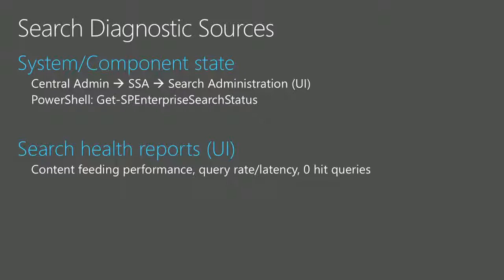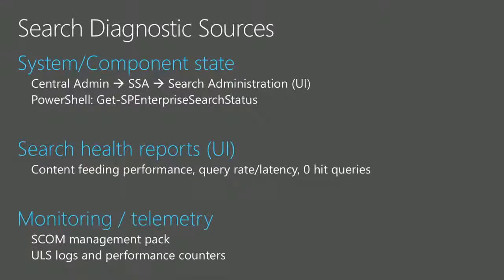You've got your feeding performance, query rate, latency, and zero-hit query reports. Monitoring and telemetry: I just mentioned the SCOM management pack for monitoring search, with a deep dive into that at their session. Also the ULS logs and Windows performance counters.